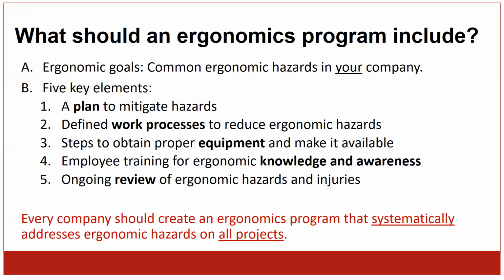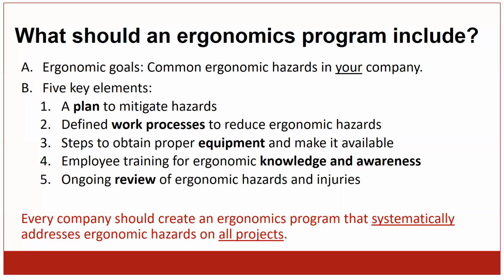They include defining the work processes or steps for how the work can be done to control the hazards, making sure that proper ergonomic equipment is available, and training employees to ensure they have the knowledge and awareness of ergonomic work processes and proper use of the equipment. And the last step is engaging in an ergonomic review to check to see if the ergonomics program is working as planned.